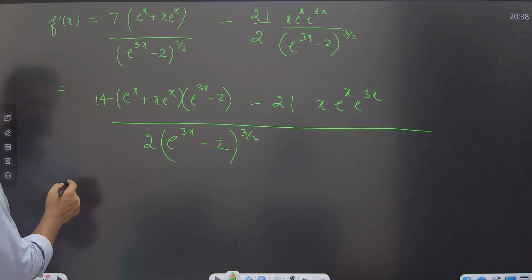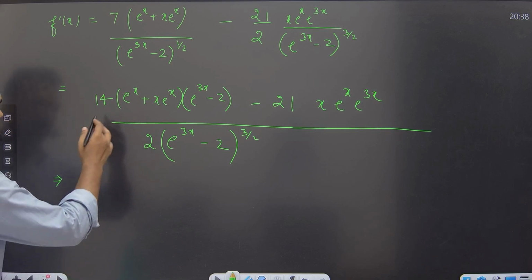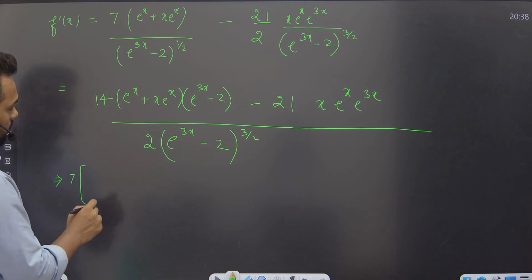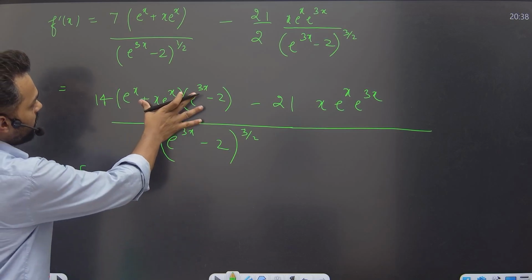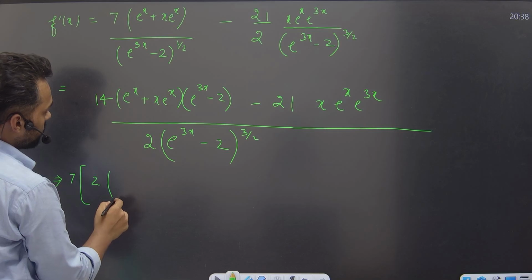Okay, if I say, yeah, take 7 common from the numerator part, so in the bracket what will be remaining? 2 will get, and we are expanding this particular expression here. So after expansion what we'll get?